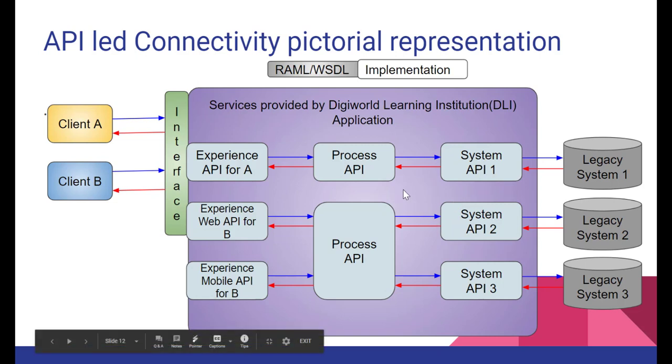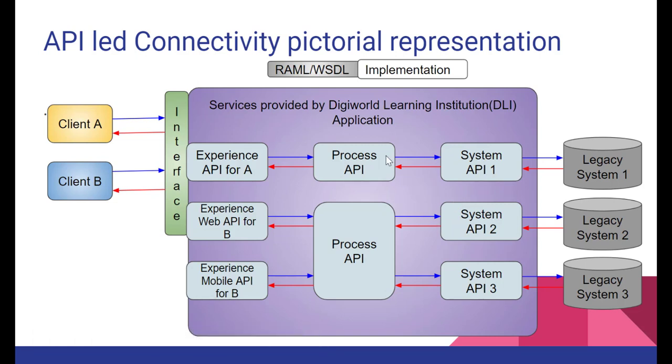So you don't need to change the whole implementation in case of any change in your infrastructure or in the way of implementation, right? So it is kind of that only.